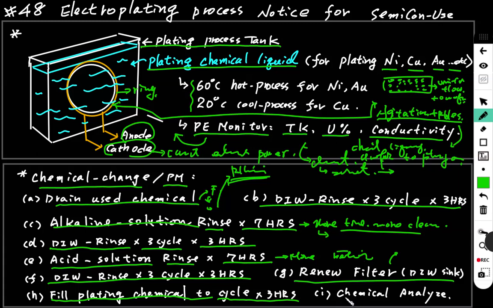Then the chemical is ready, and we get some samples to do the chemical analysis to check if the compound concentration is in spec. Then we can do the process monitor, dummy plating, and check the thickness, uniformity, and conductivity.